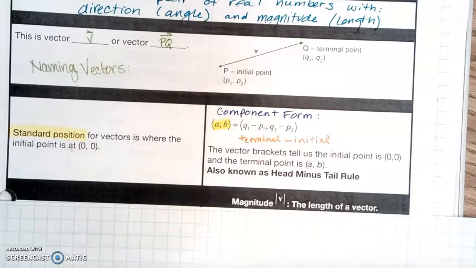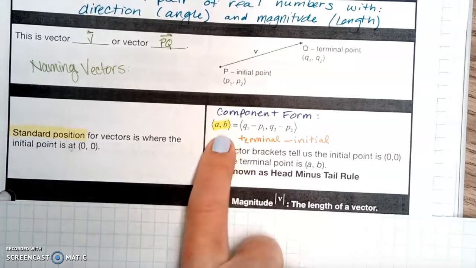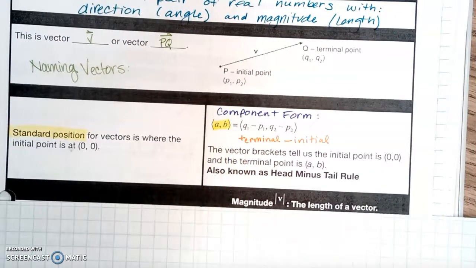All right, so when we talk about standard position of a vector, it's when the initial point is at 0, 0. That makes your life kind of easy. When it's not at 0, 0, you have a little more work to do. There's this thing called the component form, and it's written with pointy parentheses instead of nice, rounded parentheses like when you're just given a point in the coordinate plane.